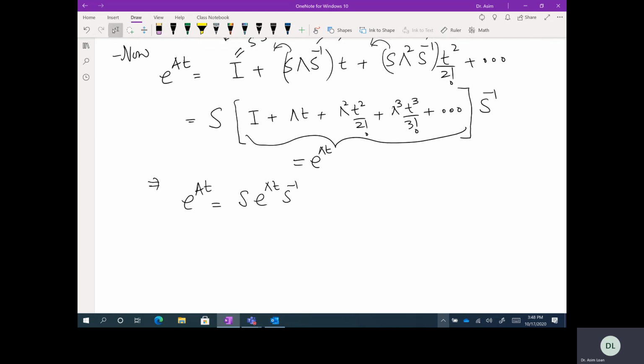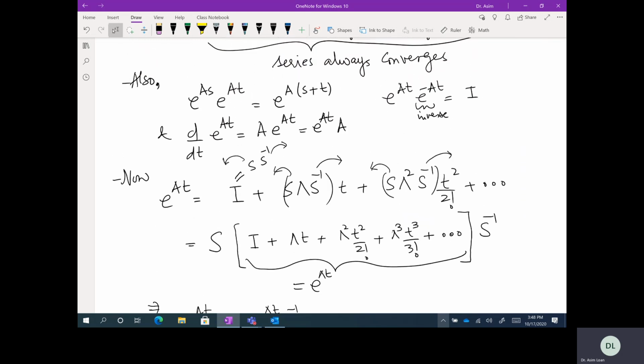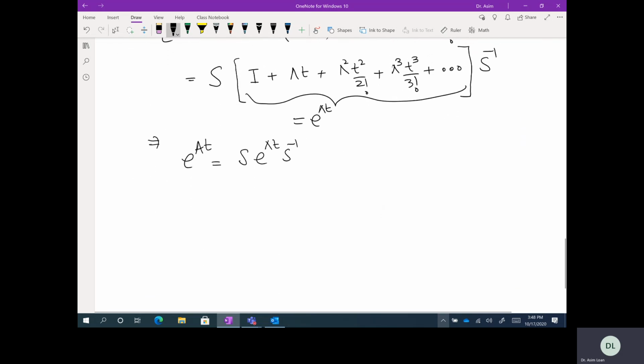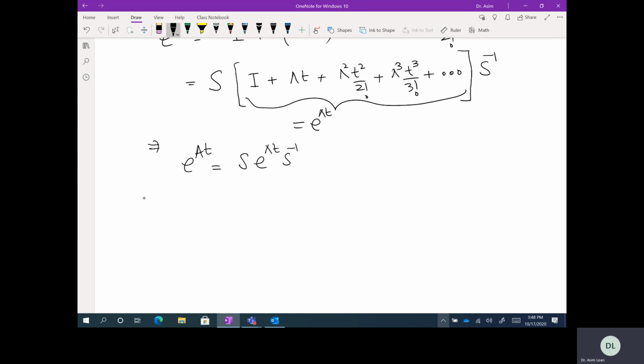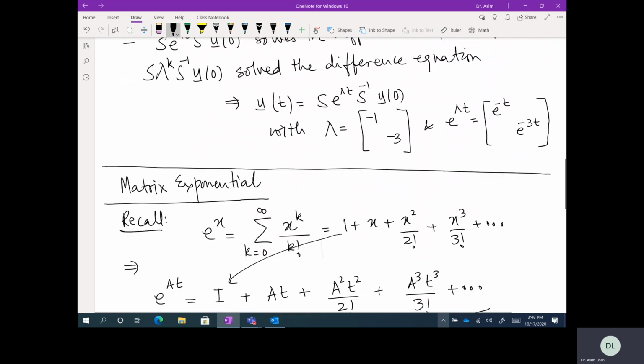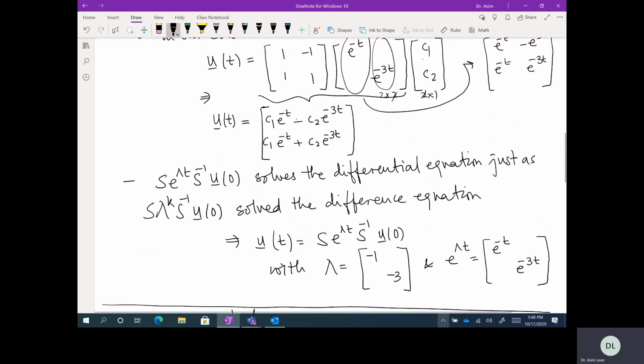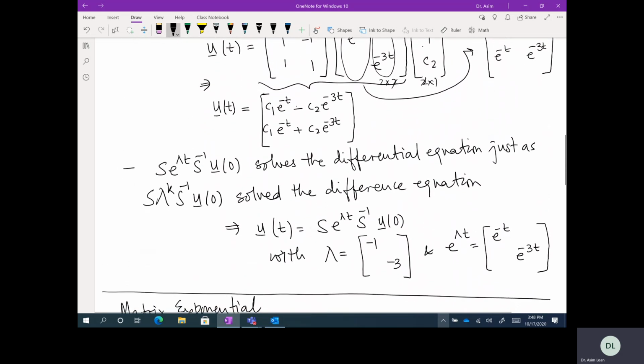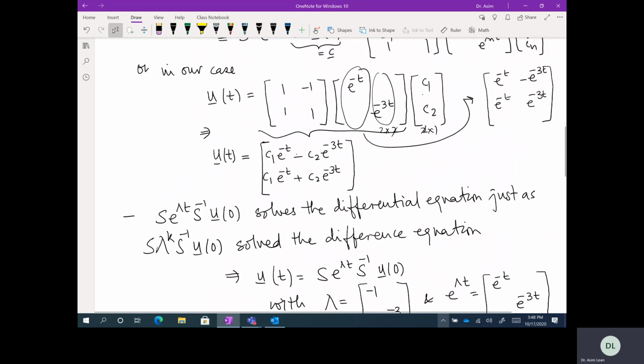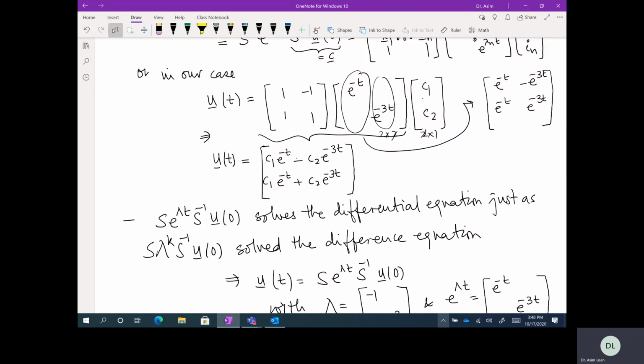And what happened to our solution? There is one more thing: e raised to the power 0 is identity. So if t is equal to 0, this is identity. What happened to our case there? I need to find, or maybe I just find e^(At).